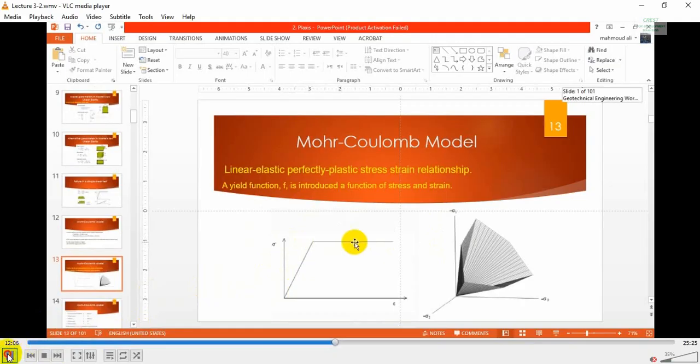As we can see here, at the beginning of the loading, the displacement or the strain increases linearly with the applied stress until it reaches a certain point, after which the stress remains constant while the strains continue to increase. And this is the shape of the Mohr-Coulomb surface in 3D space.